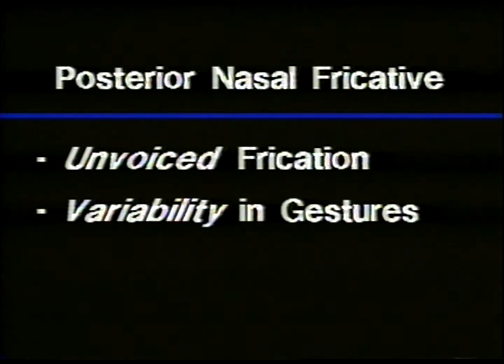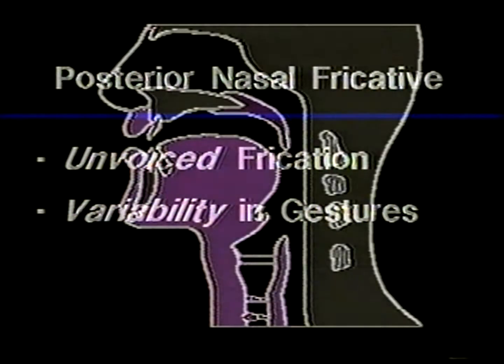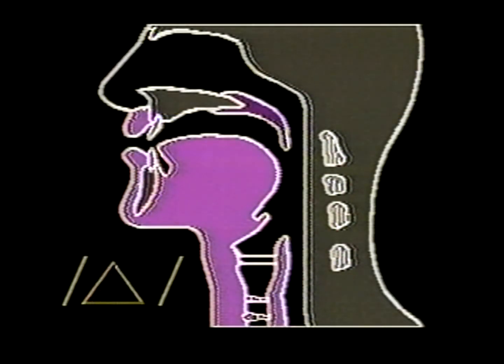The posterior nasal fricative is an unvoiced frication that shows variability in articulatory gestures. Radiographically and with nasendoscopy, it appears as an incomplete velum to posterior pharyngeal wall contact. Often there is blurring of the image, suggestive of velar flutter frication.